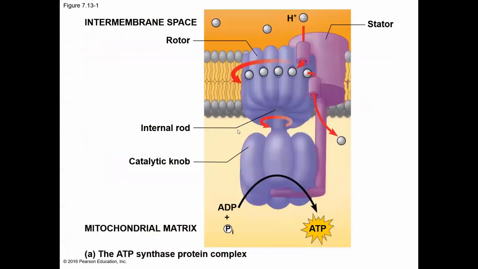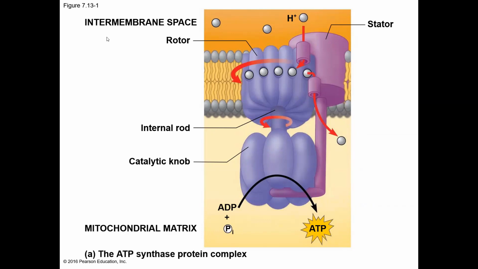So here's a picture of a very close-up view. So here's the cristae, okay, the intermembrane folds of the mitochondrion. Here is the mitochondrial matrix, and then here's the intermembrane space up here. So remember, over on the left-hand side, imagine the electron transport chain going on. And so all these hydrogen ions get pumped across into the intermembrane space.